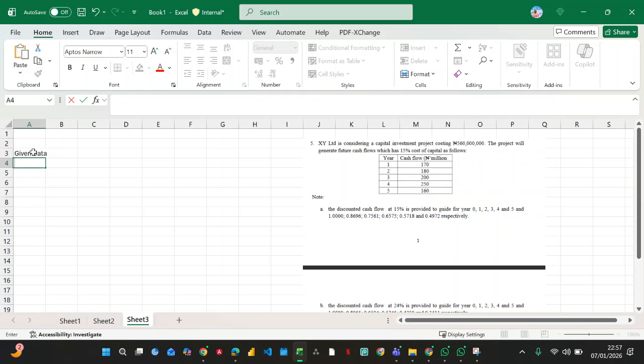Okay, if you look at the question, the company has an initial capital of 560 million. So let's put our initial capital. Initial capital is equal to 560 million.